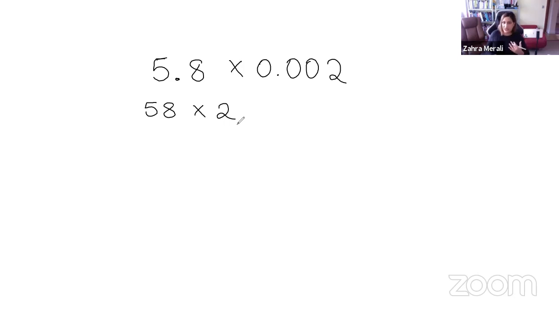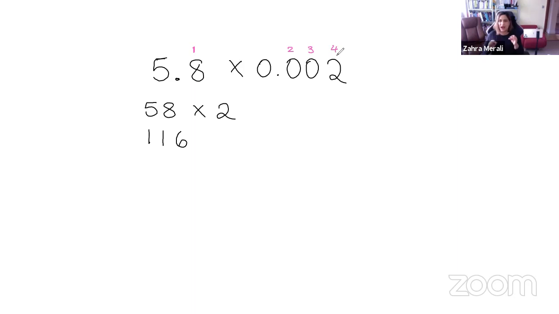So double 50 gives you 100. Double 8 gives you 16. Add them together, and we've got 116. Right, now we count in the question how many numbers are behind the decimal place. So we've got 1, 2, 3, 4.